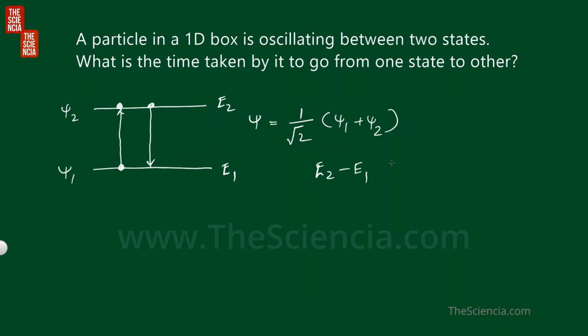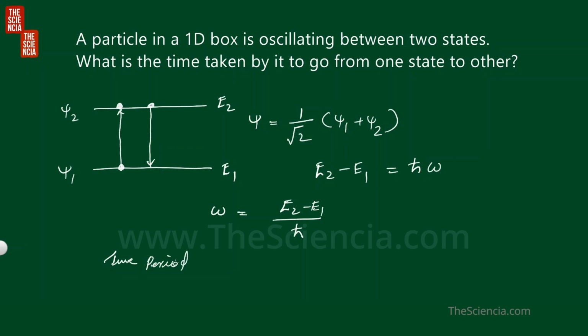We can relate this to h nu, or we can write this as h cross omega. Therefore we get omega, that is the angular frequency, equal to E2 minus E1 by h cross. And the question is the time taken to go from one state to the other. So from this omega we can find the time period.